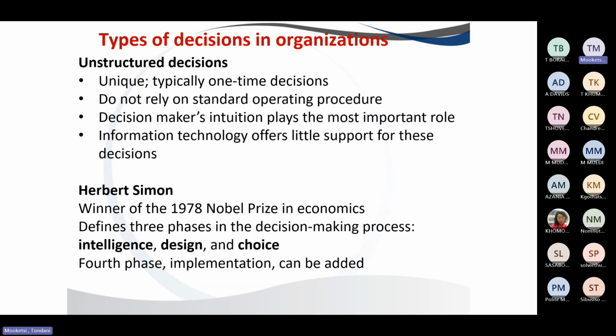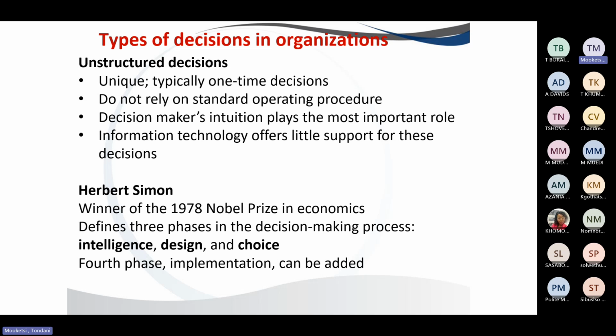So we also have another type of decision which is unstructured decision. This type of decision is unique, and usually it is a once-off decision. It is not something that happens often, and it does not rely on standard operating procedures.